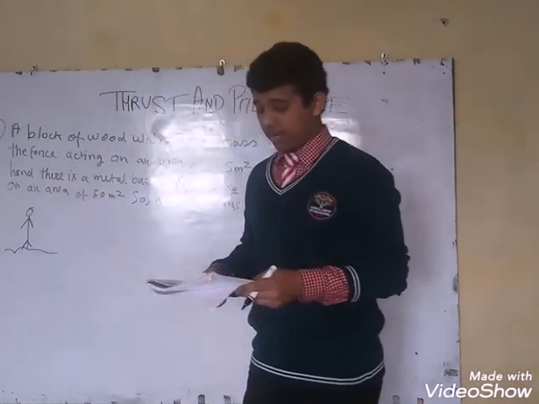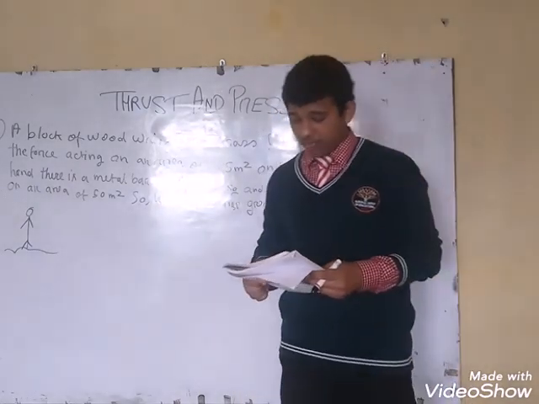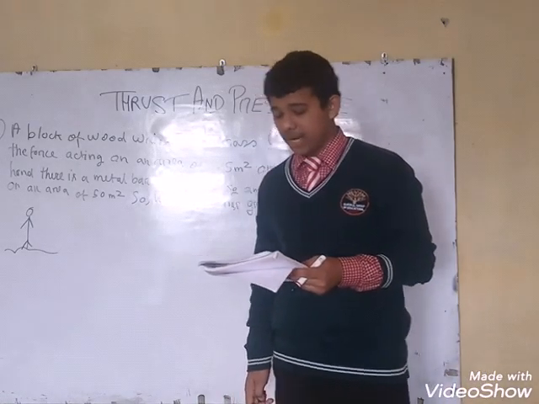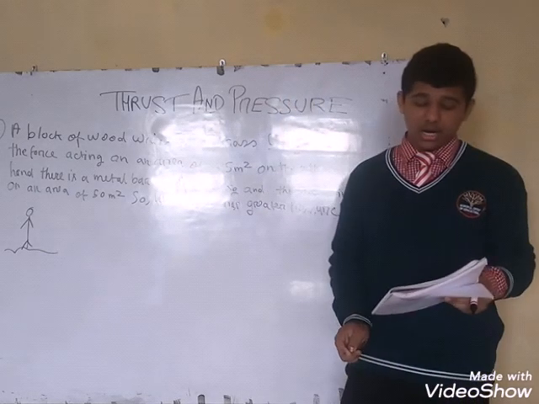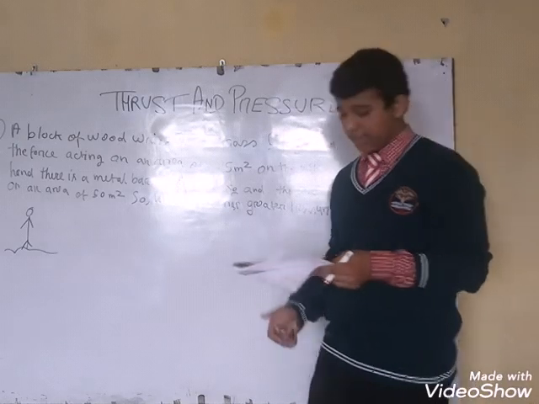Why does this happen? It happens because of the force, that is our weight, exerted by our body on the area which is equal to the area of our feet on the surface of the land.